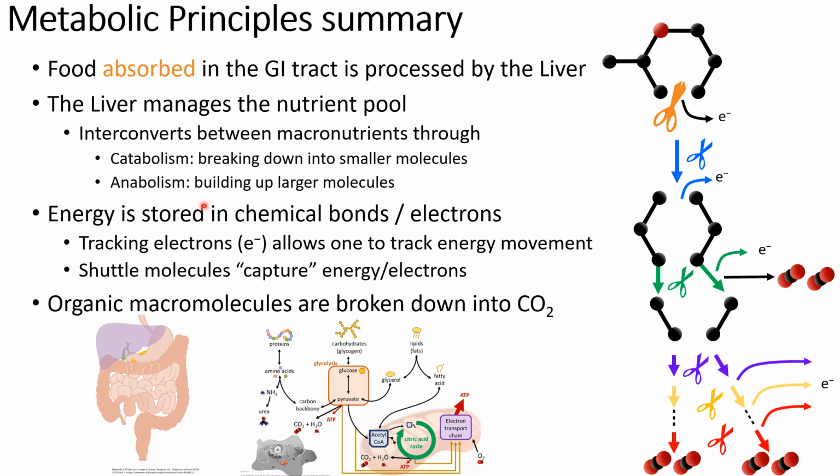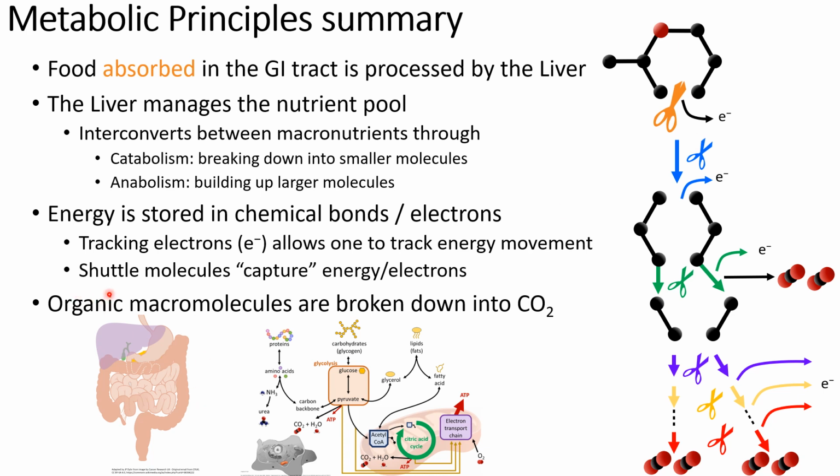The next part of the lecture, we really talked about how to track energy through the process of catabolism and how energy is stored in chemical bonds and electrons. And so if we can track where electrons are moving when chemical bonds are broken, we can effectively track where the energy is going.